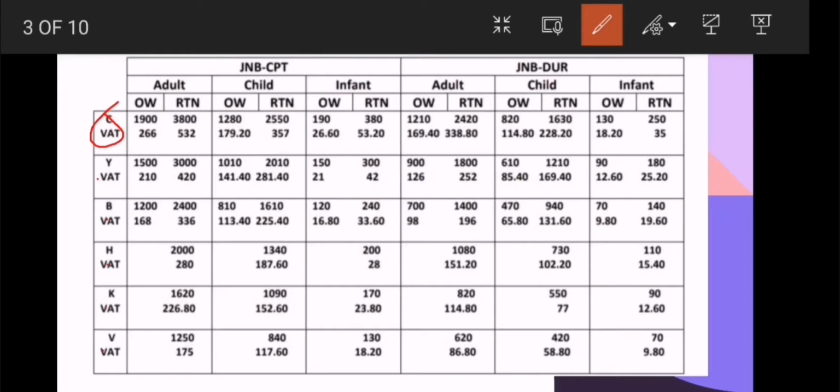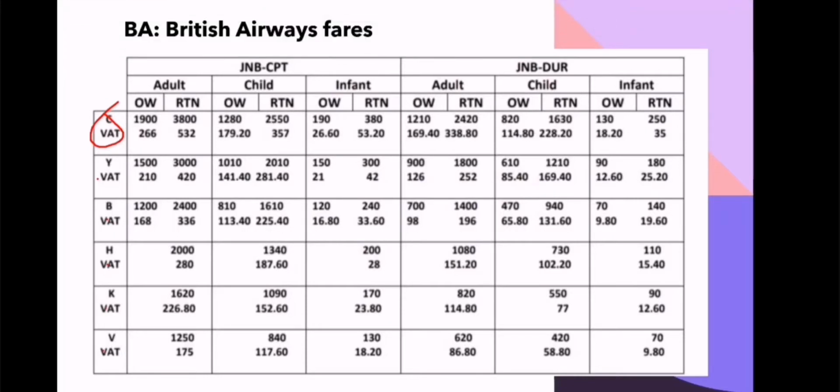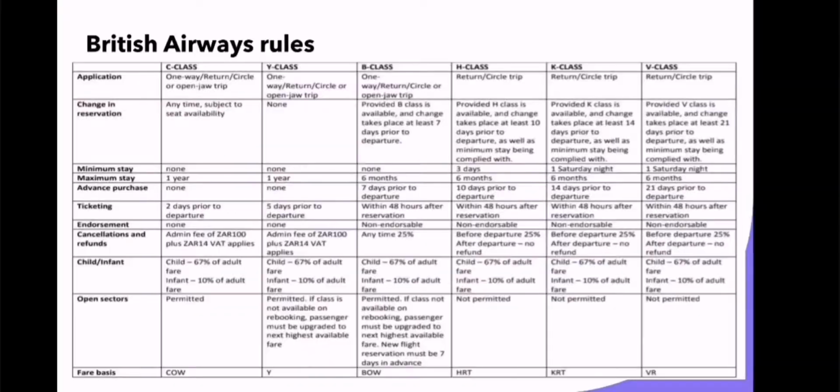For you to have a good understanding of the difference between the classes of travel, you will have to go to the next page, which is our rules, where they will tell you what class has what offerings.